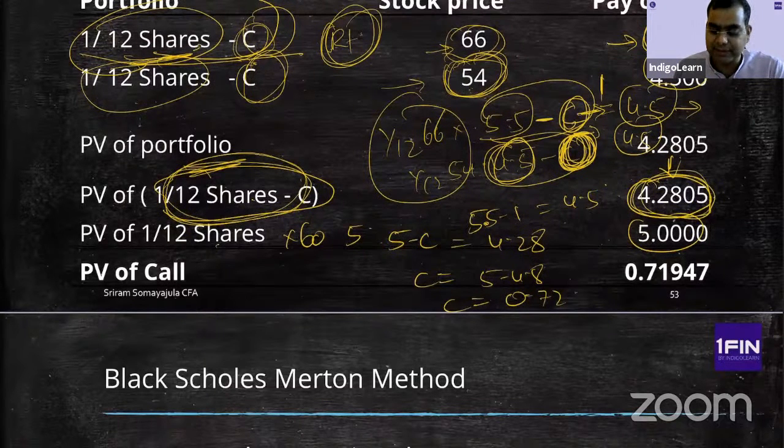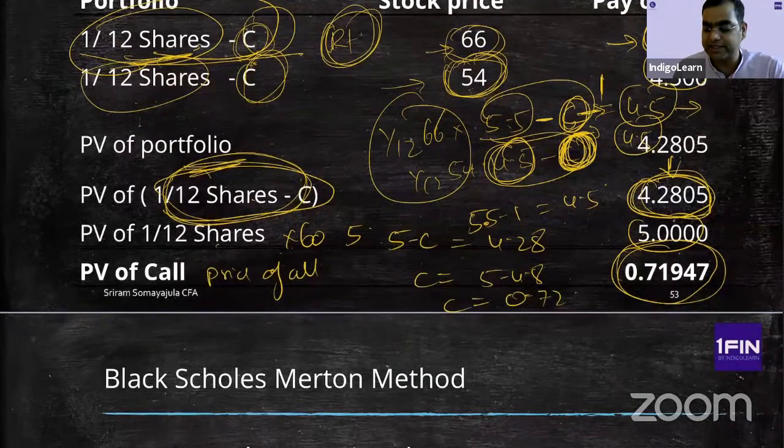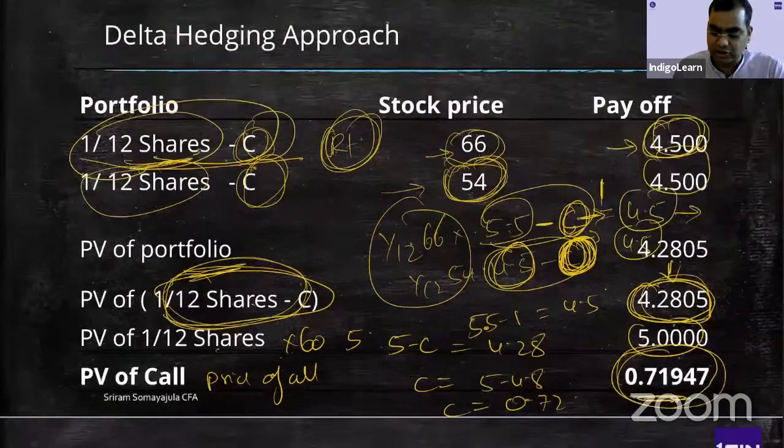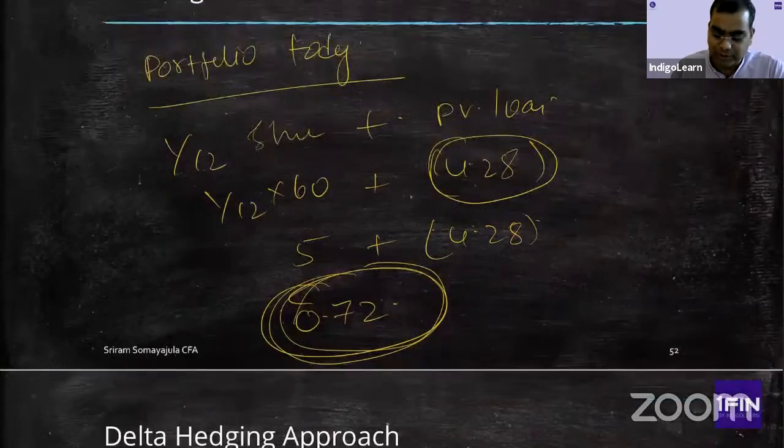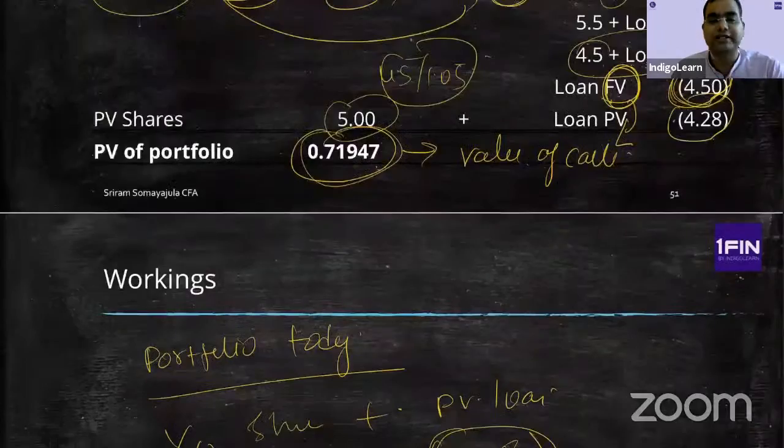Then you will be able to get the present value of the call. The price of the call will be 0.7194. So we got the same thing here also, 0.7194. If you do the binomial method also, you'll get the same thing. Whatever you do, you'll get the same thing.